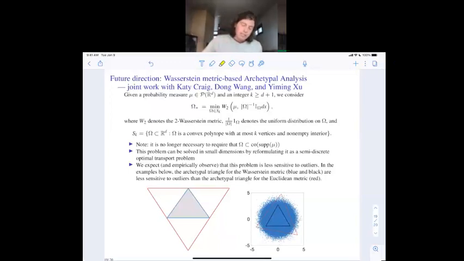One of our motivations, and something we observe, is that this problem is much less sensitive to outliers than using the Euclidean distance. This is one of the general complaints about archetypal analysis. If I have data points that are all localized, and then I introduce an outlier way over here, the archetype polytope is going to pay a lot of attention to that outlier.